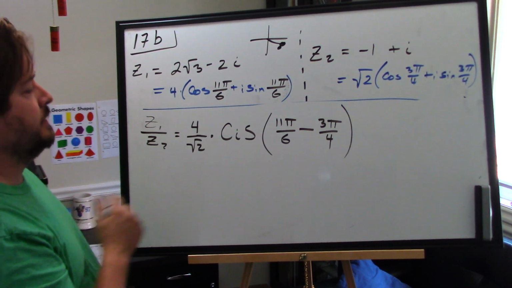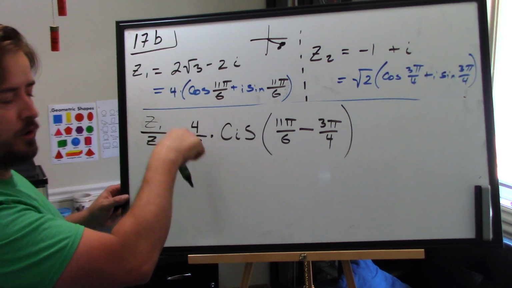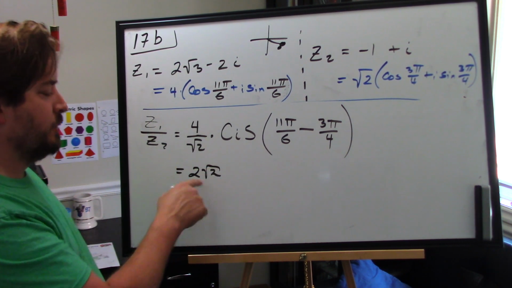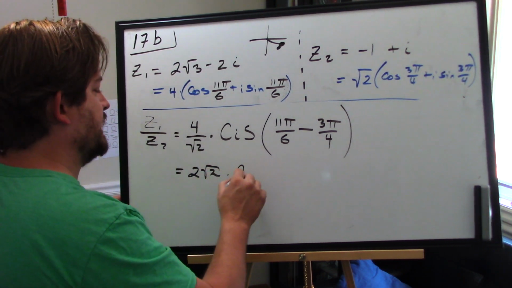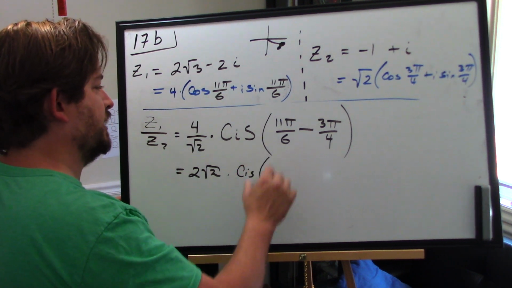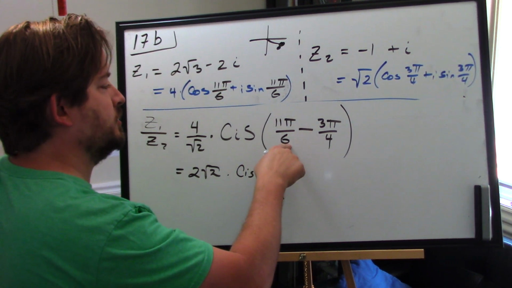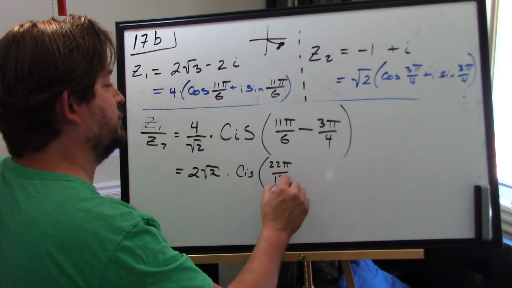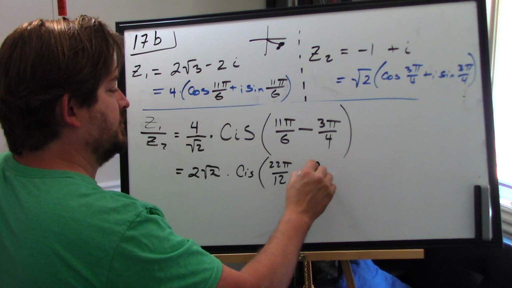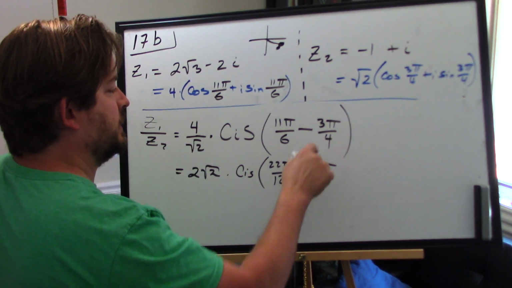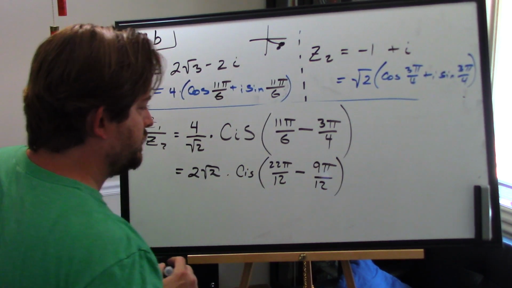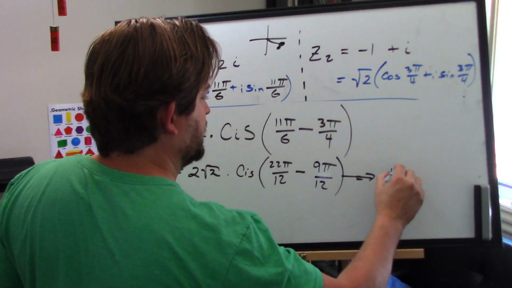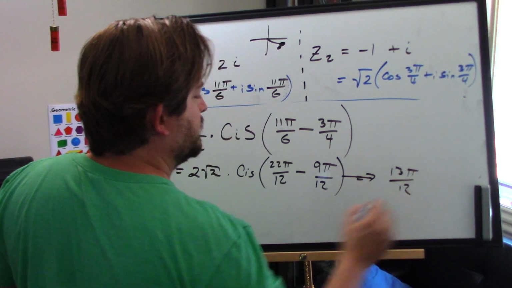So that's the same as 4 root 2 over 2, or 2 root 2, if you rationalize that. Times that CIS, the cosine, i sine of, turn these into twelfths again. I'll do that by multiplying this by 2, so I have 22 pi over 12 minus 9 pi over 12, which turns into 13 pi twelfths, right?